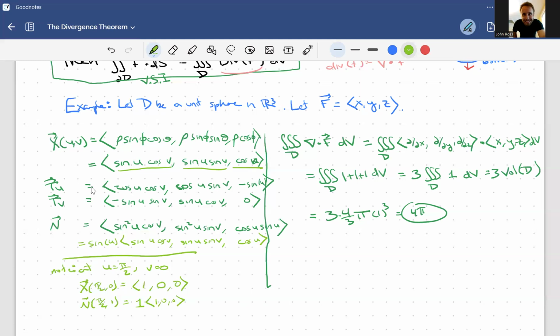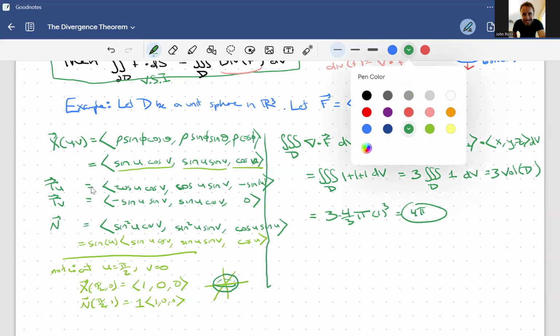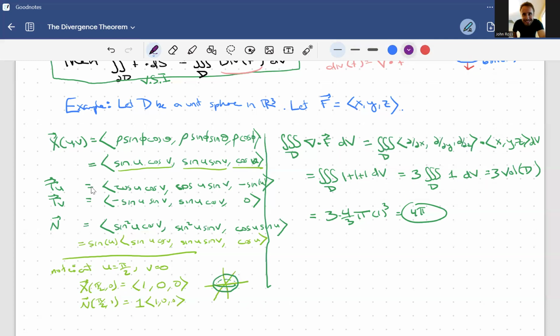So all I'm doing here is just verifying, if I have my three-dimensional picture and I have my unit sphere, then at the point u equals pi over 2, v equals 0, I'm out here at the point 1, 0, 0, so sort of on the equator in the positive x direction.